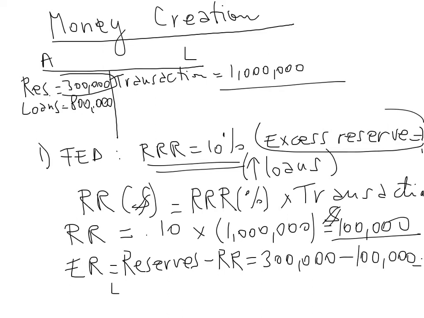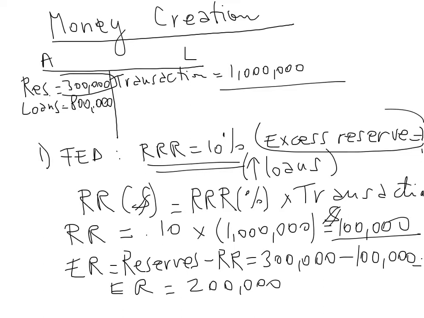So the excess reserve for this bank is going to be 200,000. So this bank can increase its loans by 200,000. This is how we interpret it.